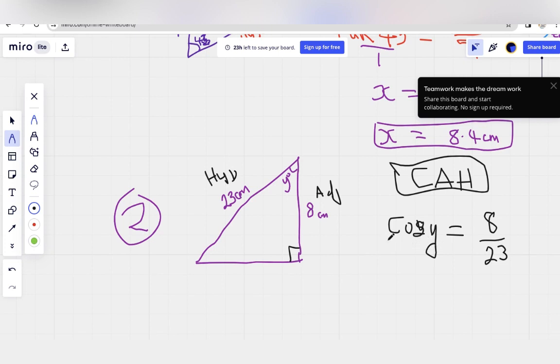Maybe saying divide both sides by cos. I will explain to you why we always have cos minus 1 here. It means we divide here by cos. When you divide here by cos, it becomes 1 over cos. Cos will be at the bottom.